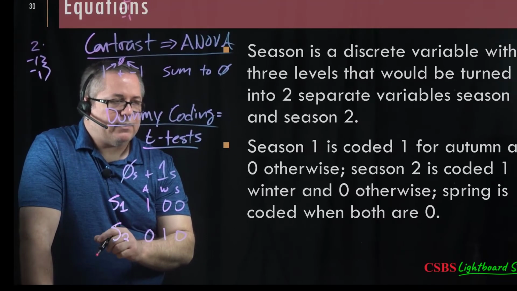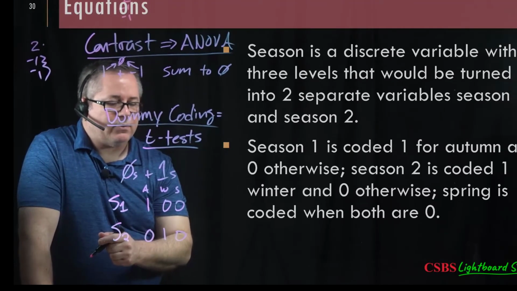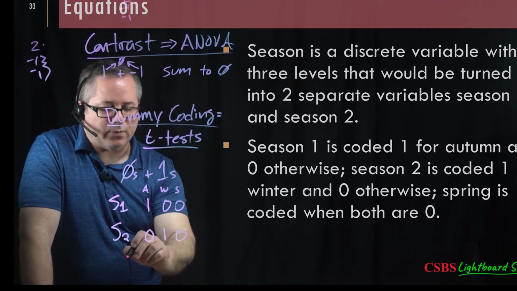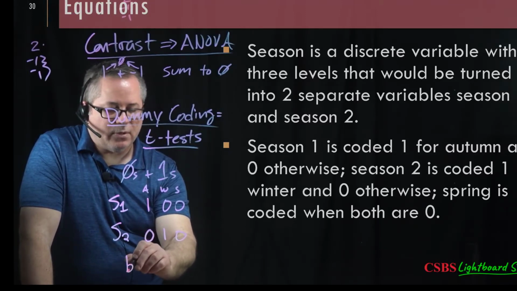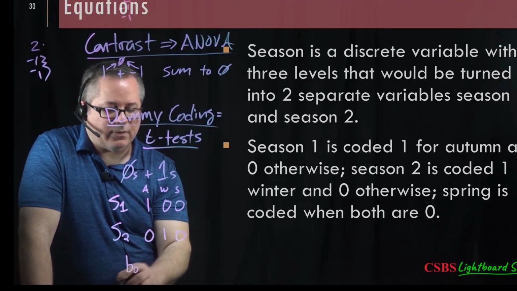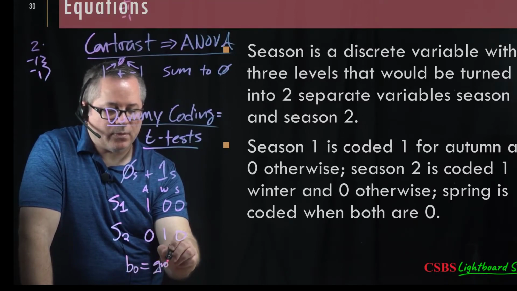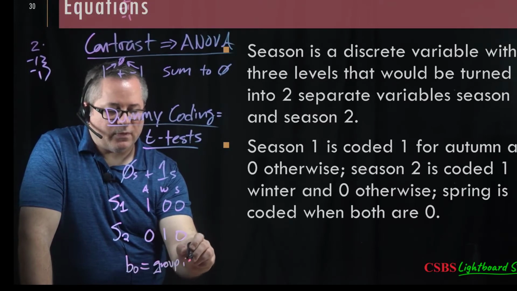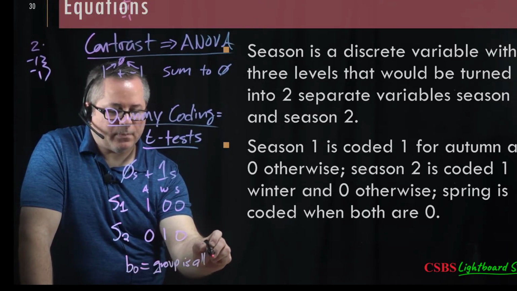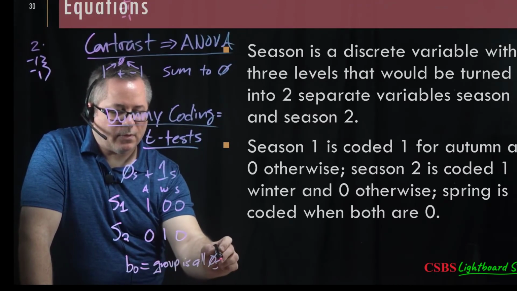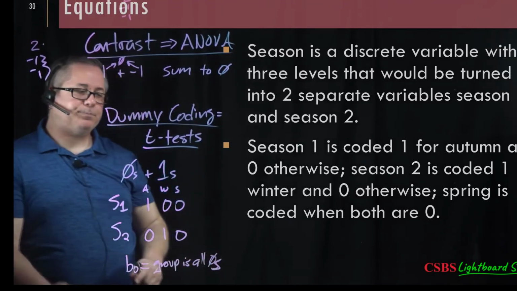So what this does, and it seems sort of strange, is create a scenario where the intercept value is going to be equal to whatever group is all zeros. So what group is all zeros?